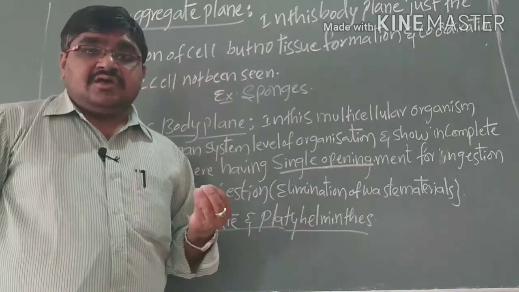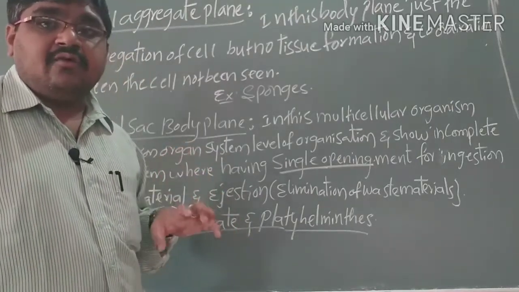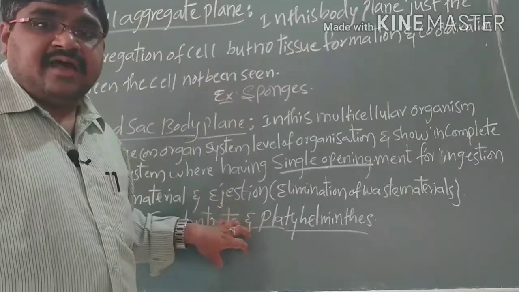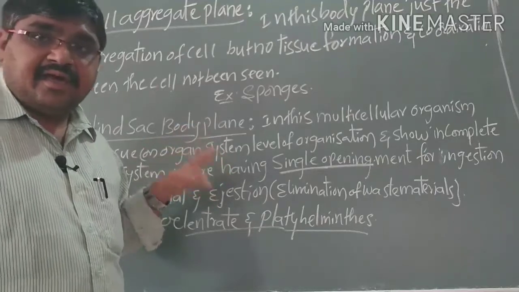Ingestion and egestion take place through the one opening only. So this type of body plan is called the blind sac body plan.